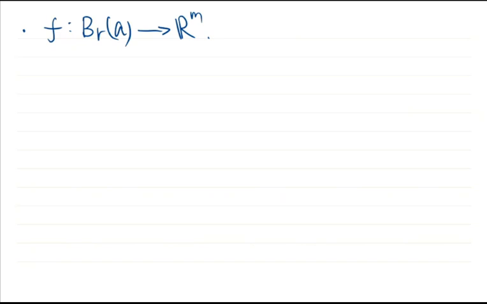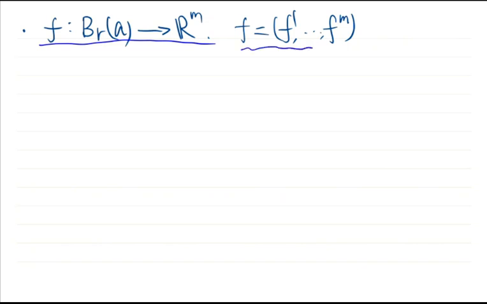Such a function can be determined by its components, as this vector valued function is equivalent to m real valued functions. Here all the f_i are real valued.